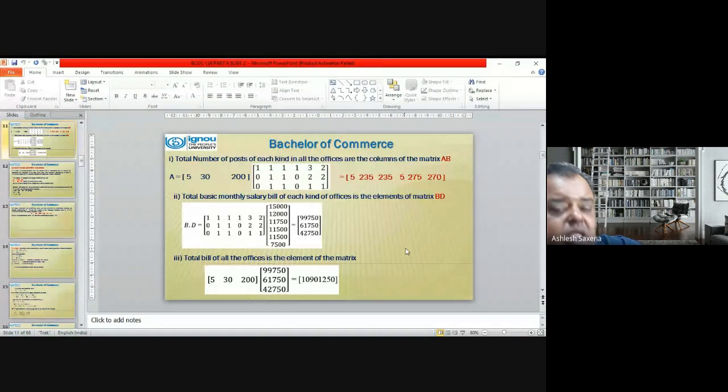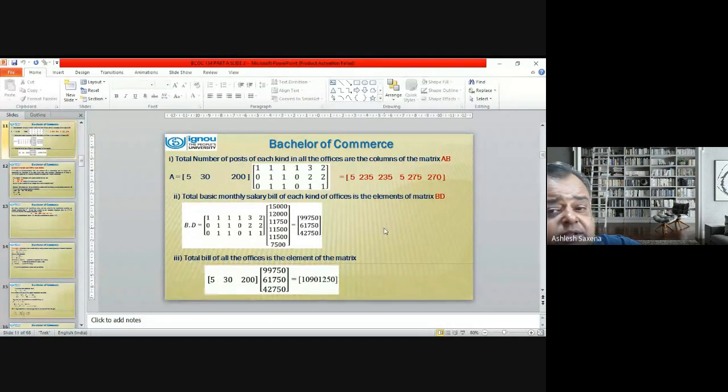Now we have to find the total basic monthly bill of each kind of office. That means we are going to multiply this by the wages. This is 1 by 3, and this is 3 by 1. Now we have to calculate the total bill of the offices.